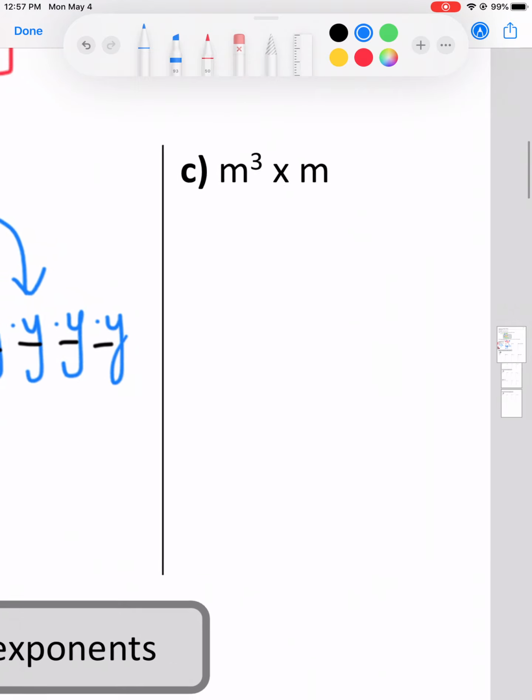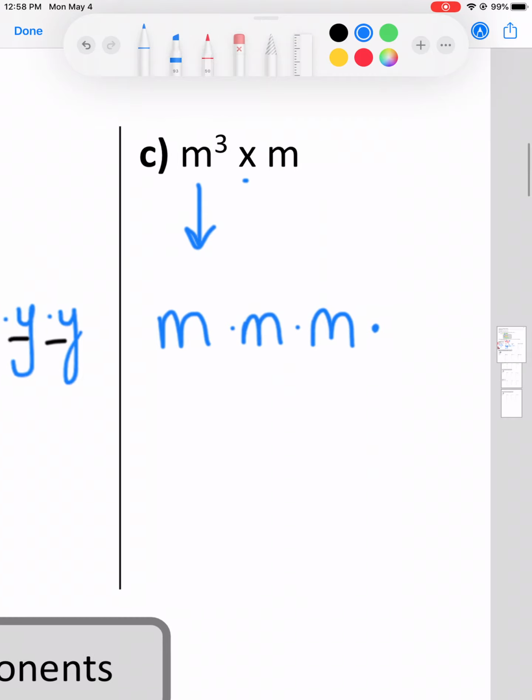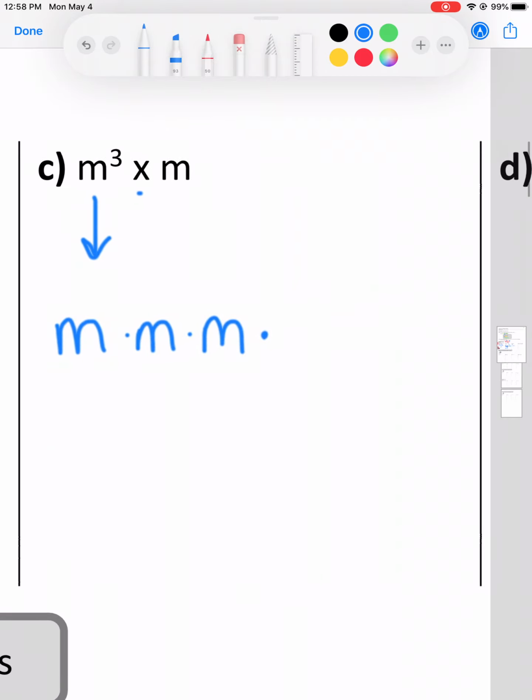One more time. M times M times M. Here's my multiplication. It could also be a dot. It's kind of nice in this case because I'm not dealing with x's, so I could use that x multiplication sign. And then I have this M, which actually has the exponent 1, but we're not putting that 1 in.